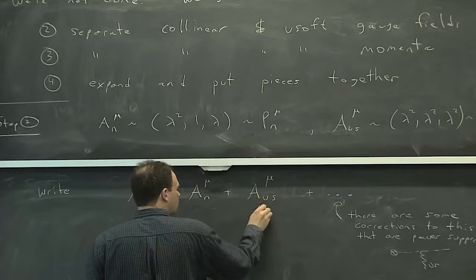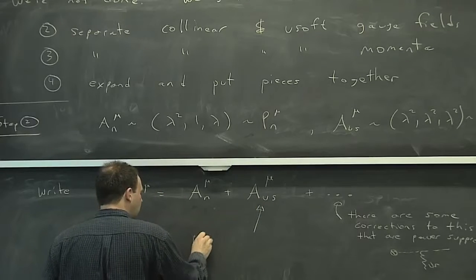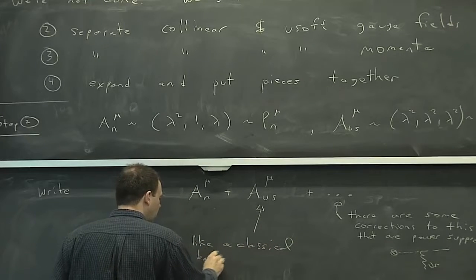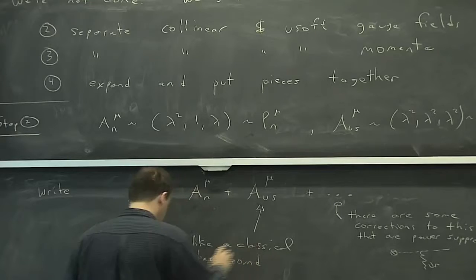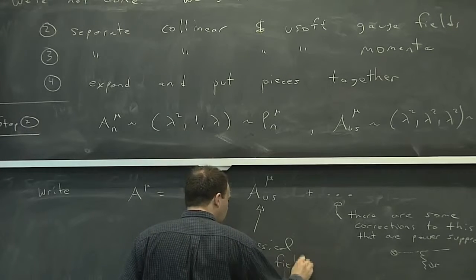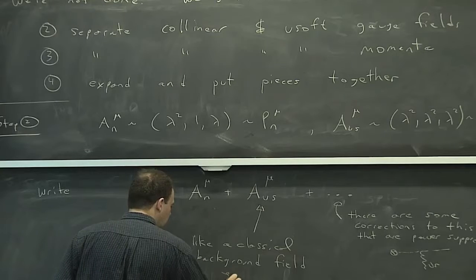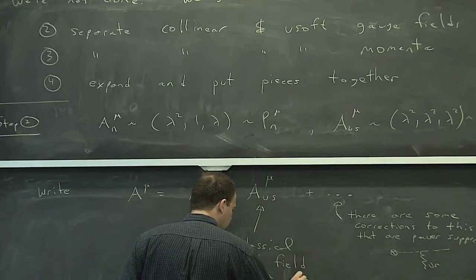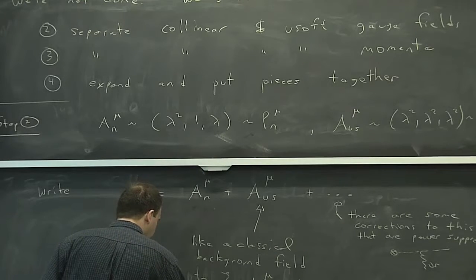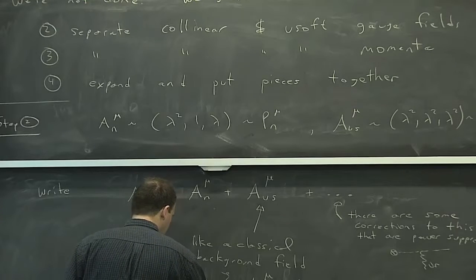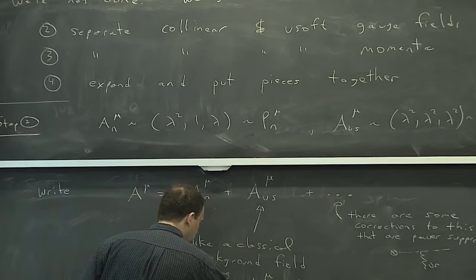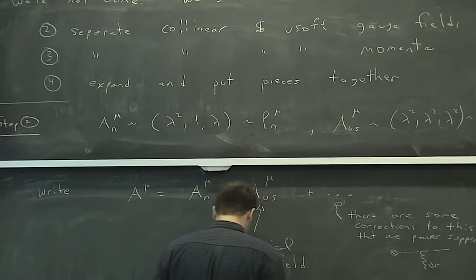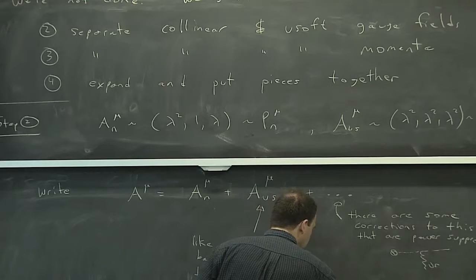So think about this formula in that way, that this is like a classical background field to the Cn and the An mu, since the p ultrasoft squared had a scaling which was lambda to the fourth, lambda squared squared, and that's much smaller than p collinear squared, which was Q squared lambda squared.